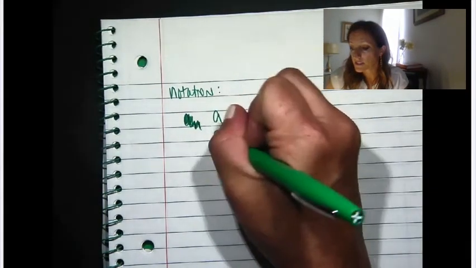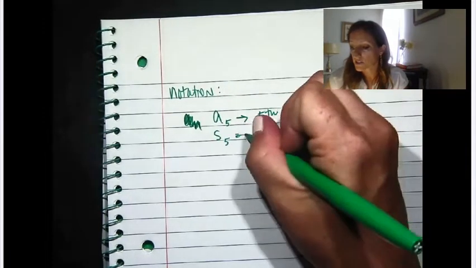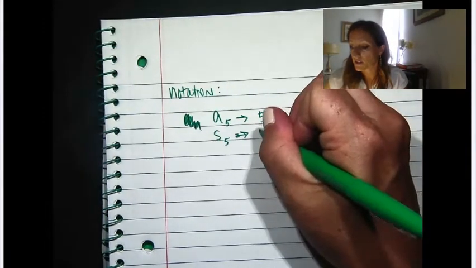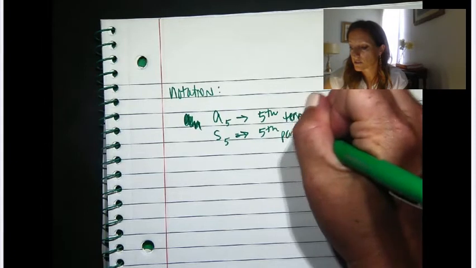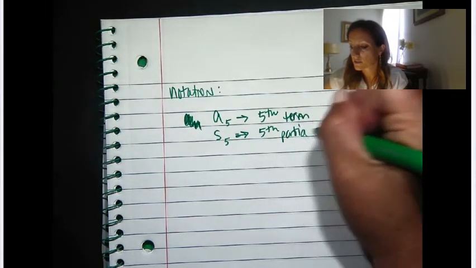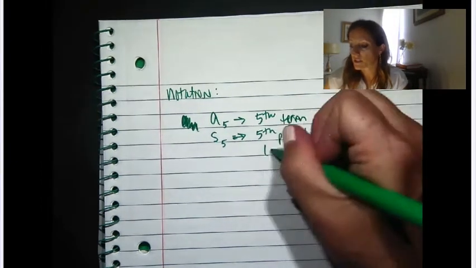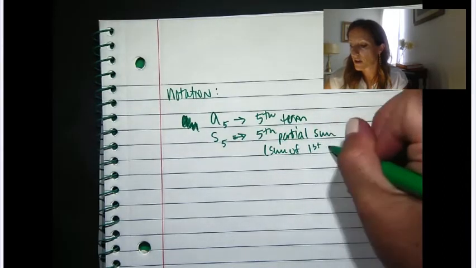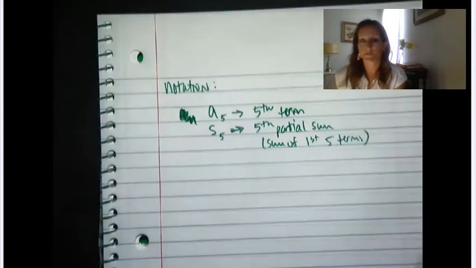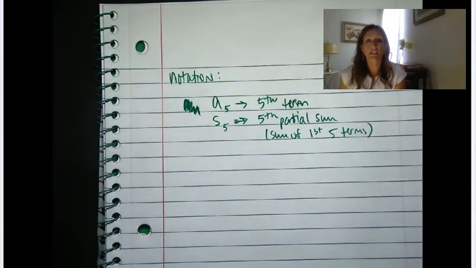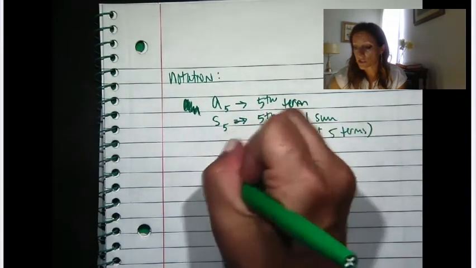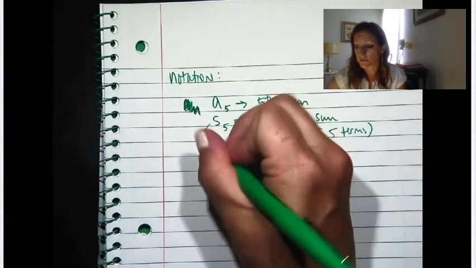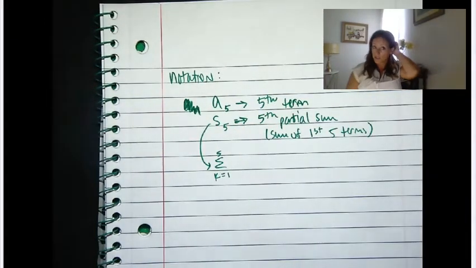If I say s sub 5, this actually means the 5th partial sum. And that means the sum of the first 5 terms in the series. And that is basically like saying sigma notation from k equals 1 to 5. And so those two have very different meanings.